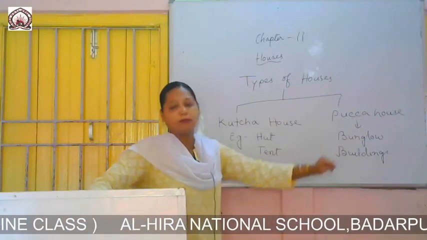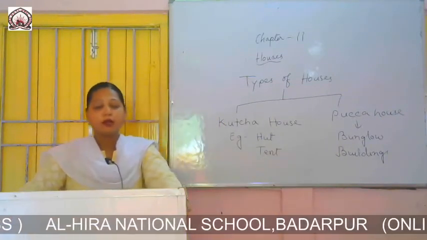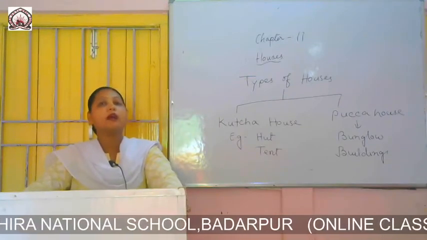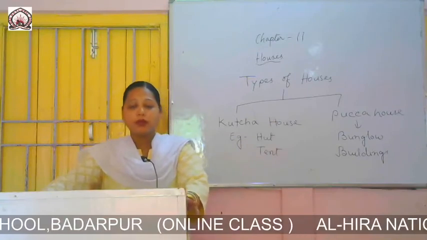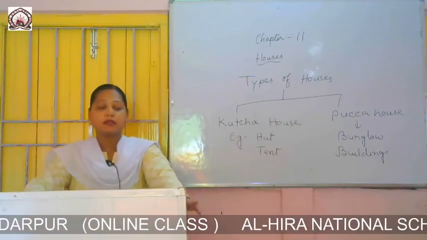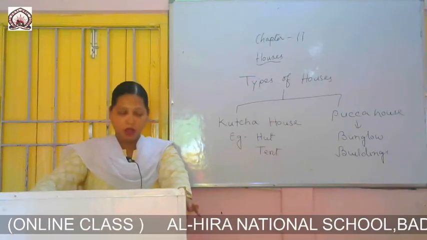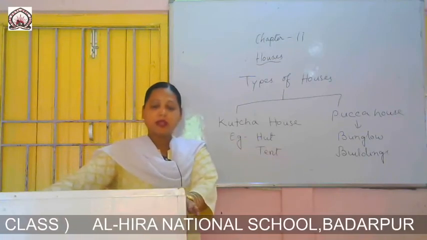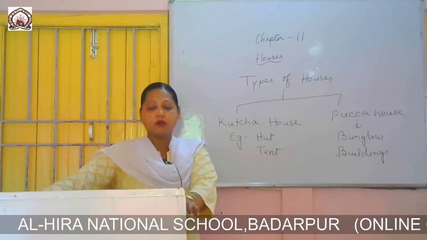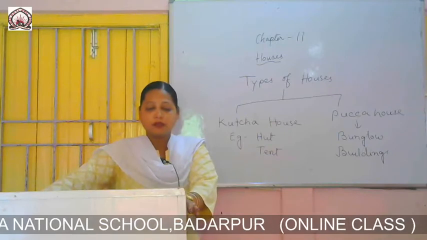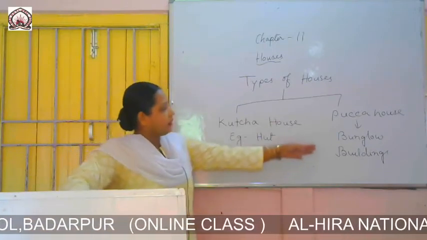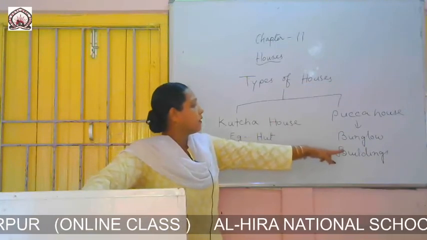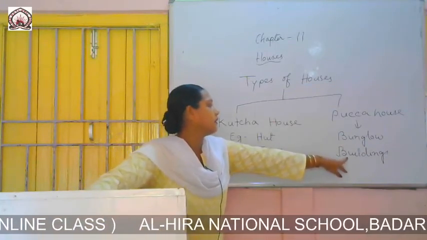An example of pakka house is a bungalow. A bungalow is a big single or double storied house. Many times a bungalow has its own lawn. Generally a bungalow has its own parking area also. Next is the building.